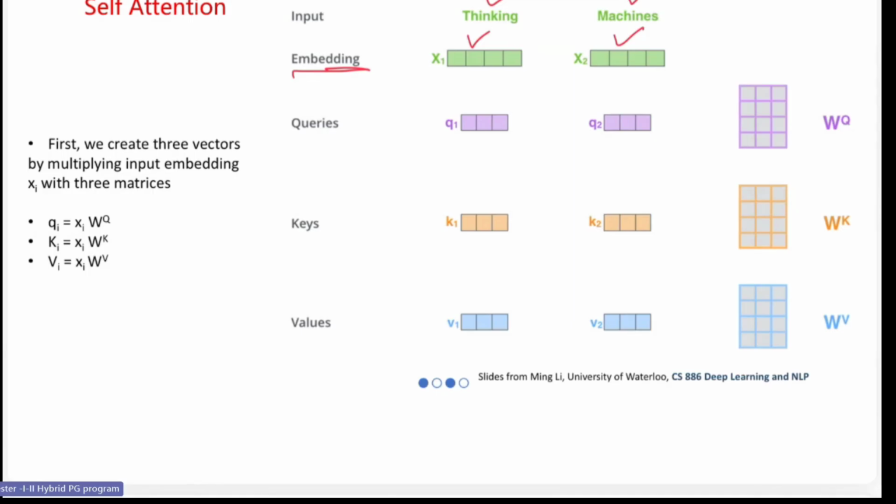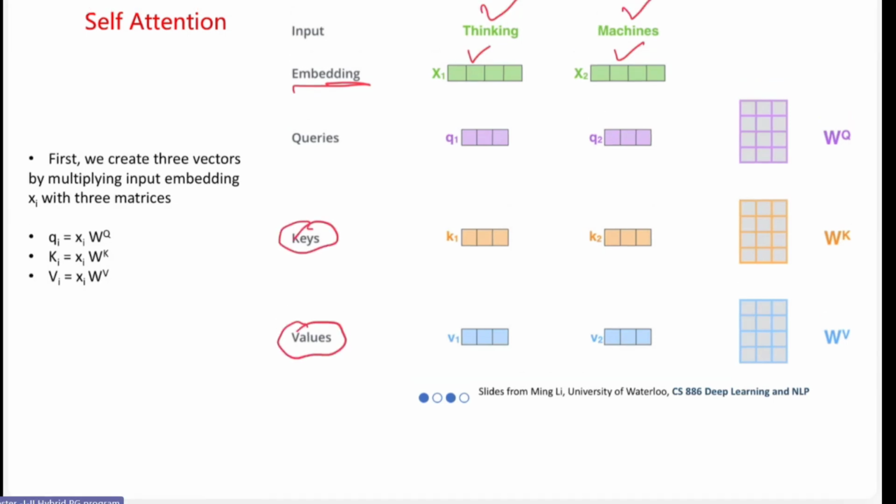Then we have to find q, k, and v. Q is also called queries. Again, I'll come to this part, why this is called queries. Then we have keys, and then we have values. For getting the query, we have the WQ matrix, which is a fully connected layer.